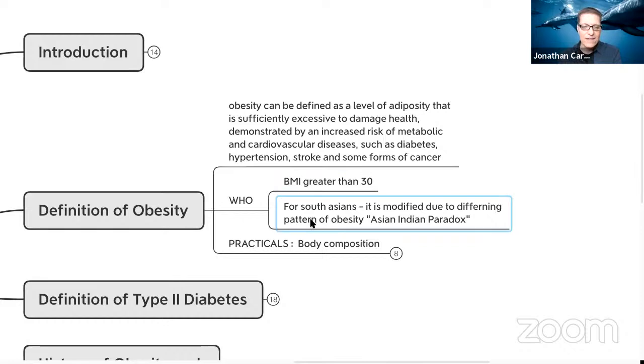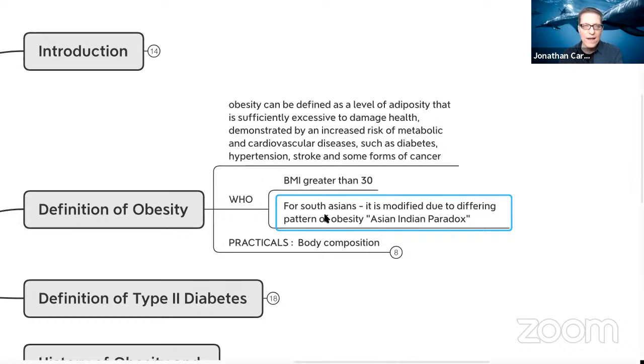For Southeast Asians, specifically Indians, it's modified and they change the numbers. They lower the BMI because they have a differing pattern of obesity. They have a little bit more central obesity, which can skew the disease rates and the BMI.